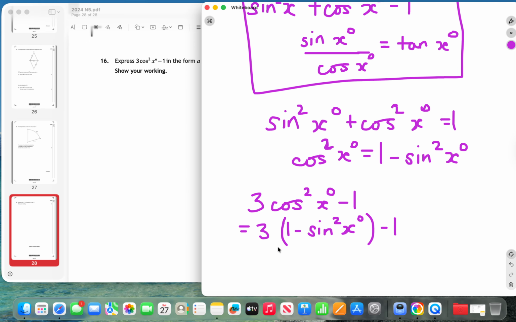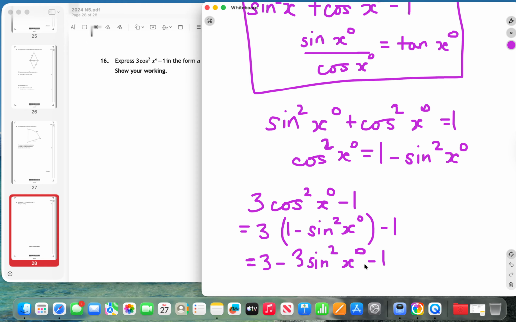And 3 times 1 is 3. Then that's going to be 3. Got a minus, so 3 times sine squared x is 3 sine squared x. But it's a negative, so 3 minus 3 sine squared x minus 1.